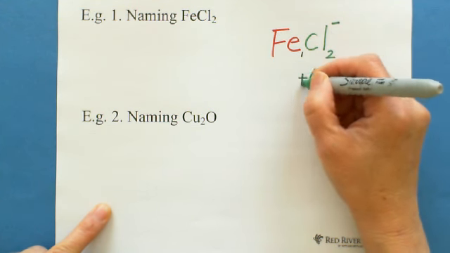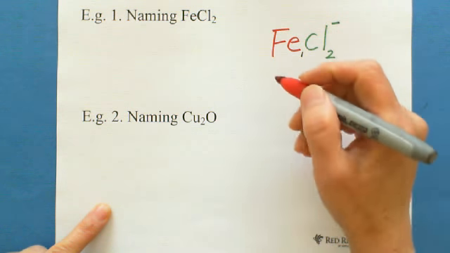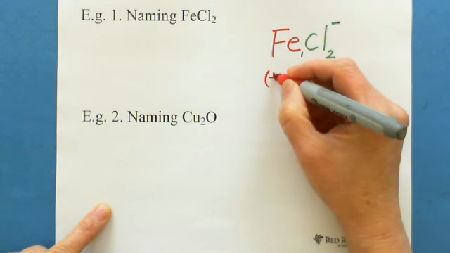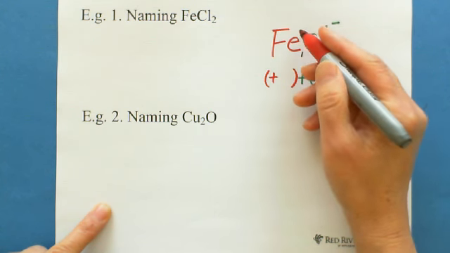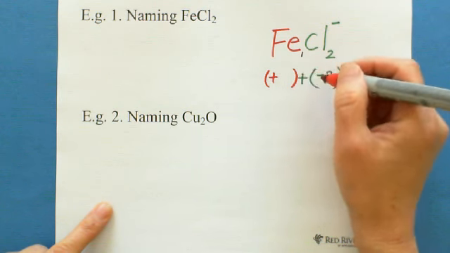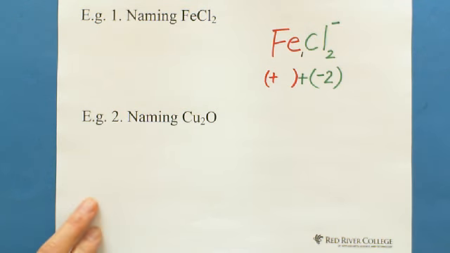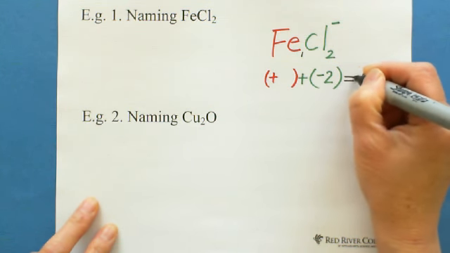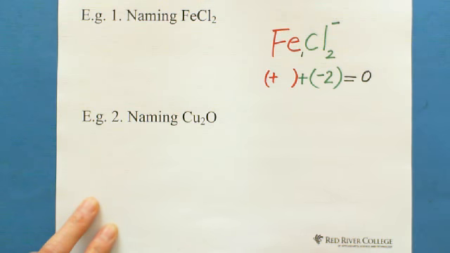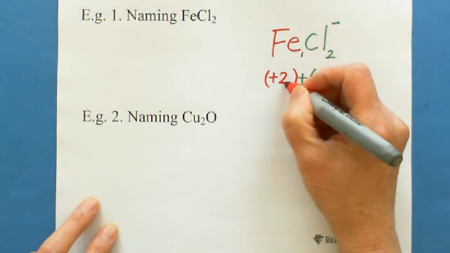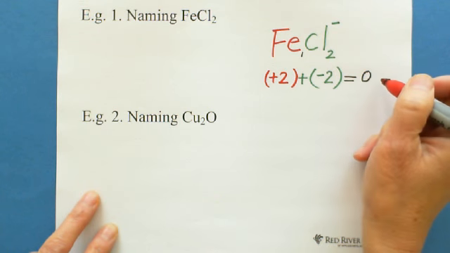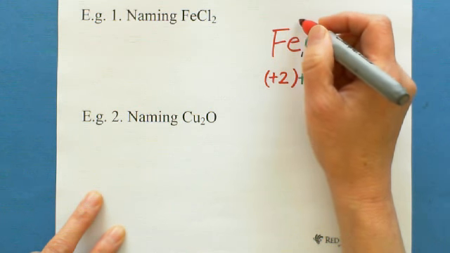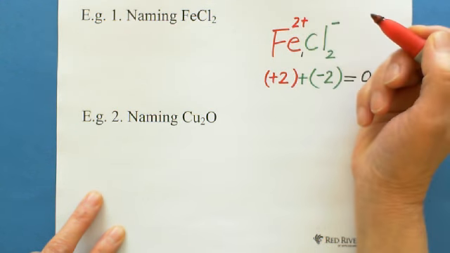You need to add the total charge from iron, because it is positive. Possibly positive 3 or positive 2, we don't know, so we need to check. The total of positive plus negative has to equal 0. Obviously, this is positive 2, right? Positive 2 plus negative 2 equals 0. Because there is only one ion, that's why this ion has 2 positive charge.